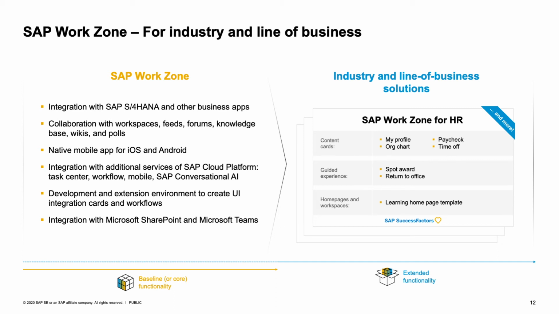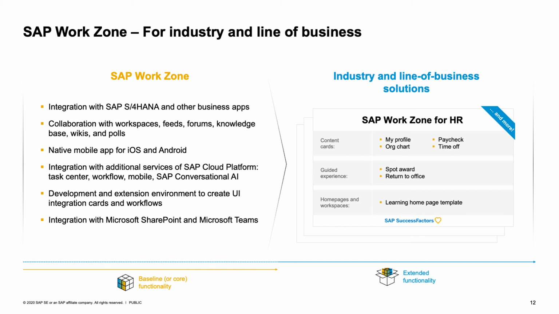And now, in addition to Work Zone, we are introducing the product SAP Work Zone for HR. And this is a perfect example of the further direction of what we are doing at SAP and in our ecosystem. So we're building out content for industries and for lines of business, starting with a partnership of Cloud Platform and SuccessFactors for Work Zone for HR. You see the content that is provided in Work Zone for HR.